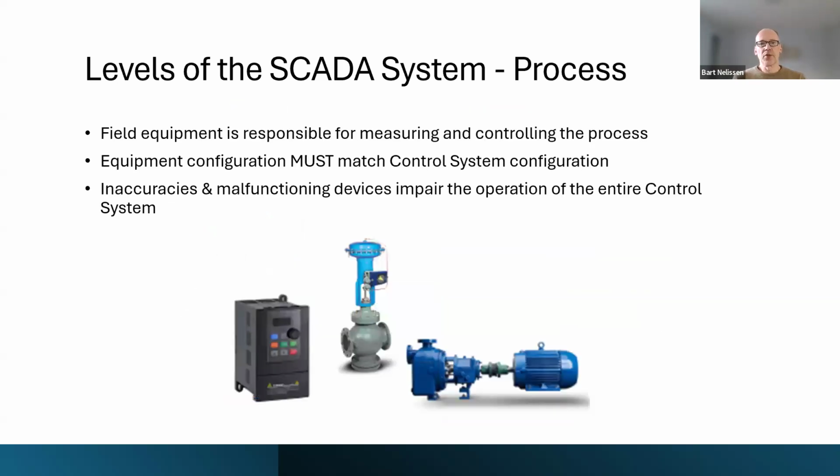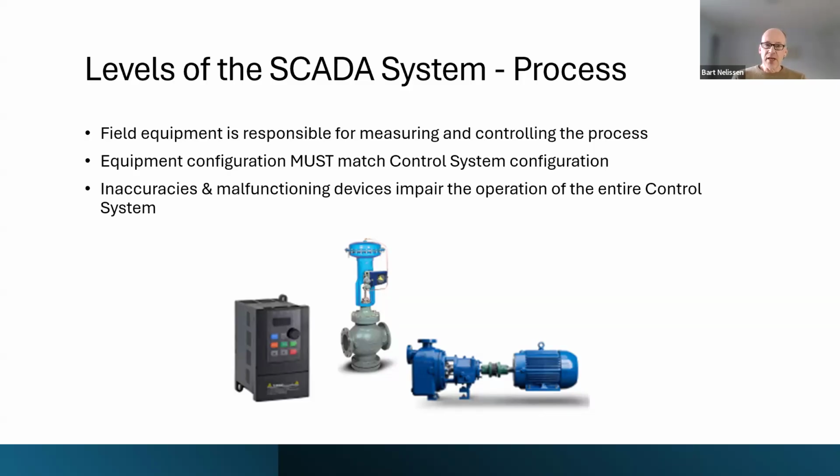The first one is the one at the process at your facility at the plant floor. So now we're talking about that field equipment, and that field equipment can include things like valves, motors, pumps. The device on the bottom left, the black box, is a device that allows motors to run at variable speed.